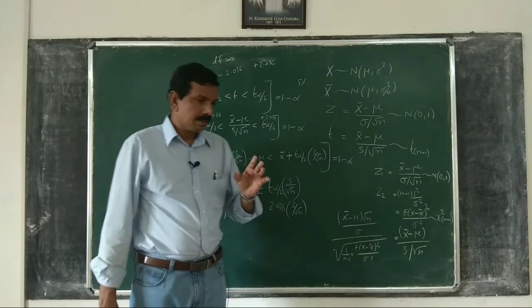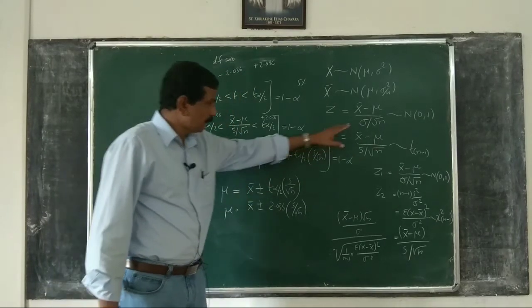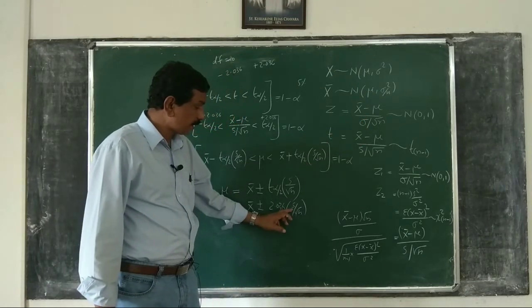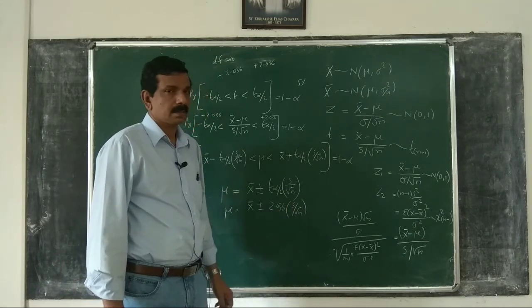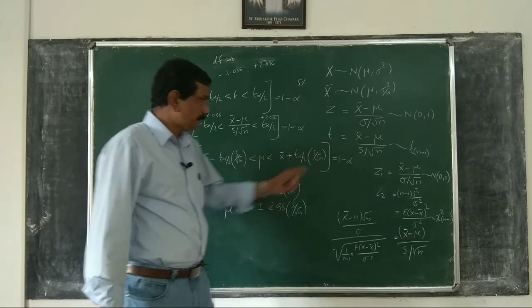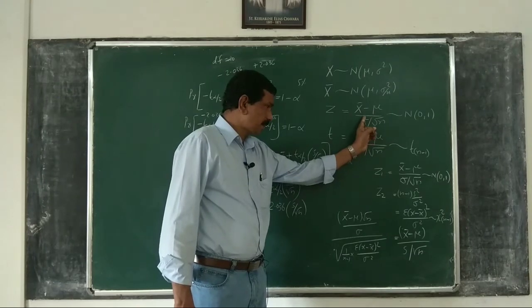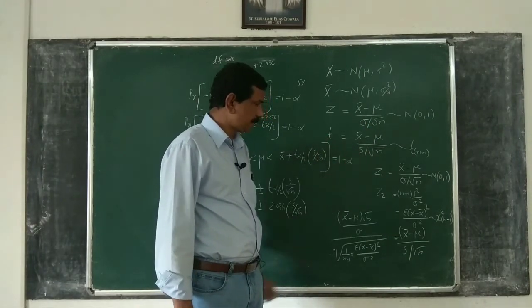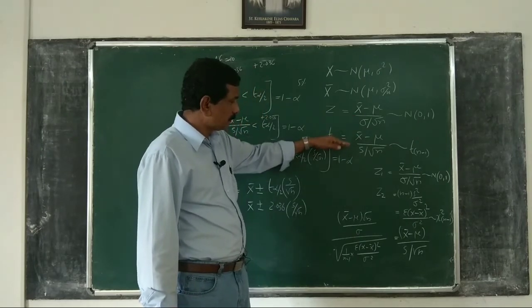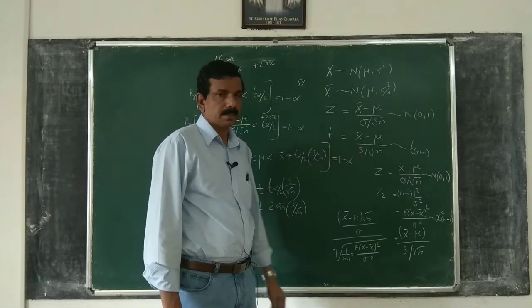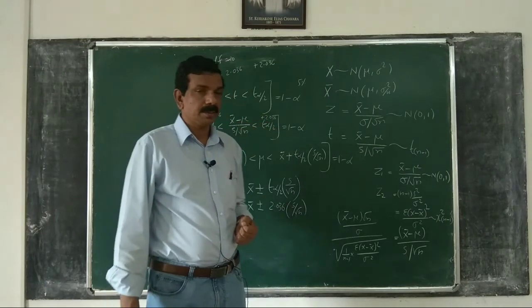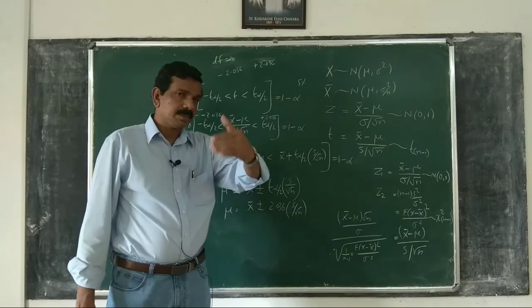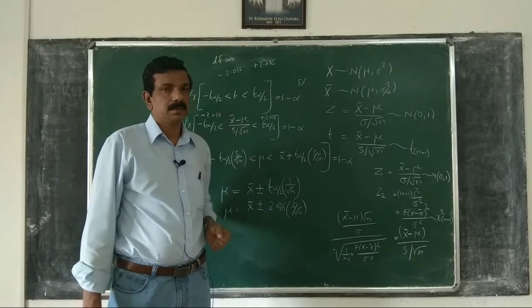So what we do in the real world is we replace sigma with its unbiased estimator S. And as I told you, whenever the population standard deviation is replaced by its unbiased estimator, the Z distribution is converted into the T distribution. Then we can use only the T distribution for constructing confidence intervals, and as we will see later, for hypothesis testing also.